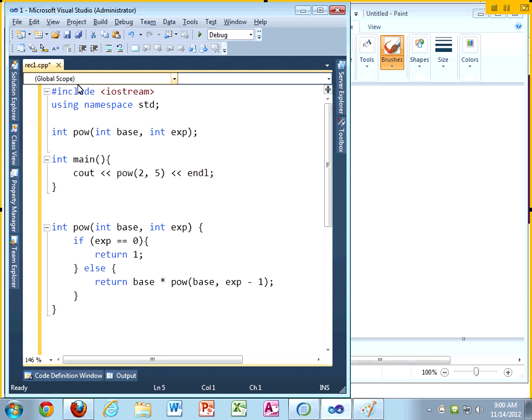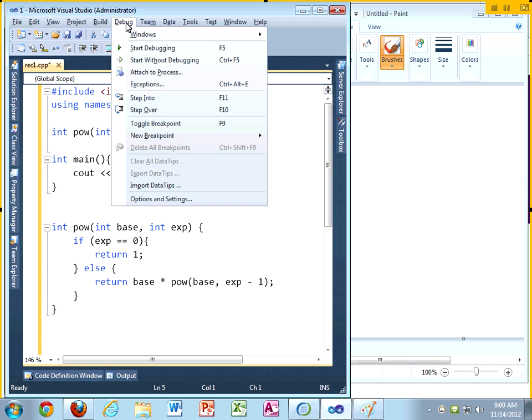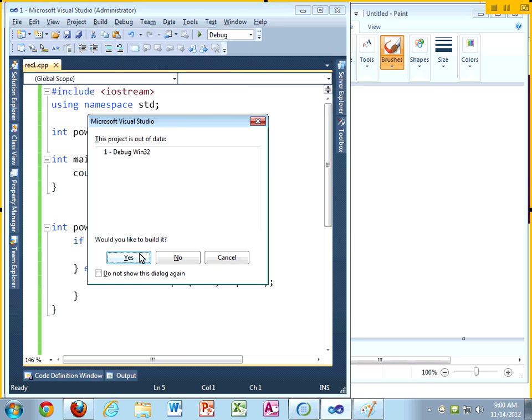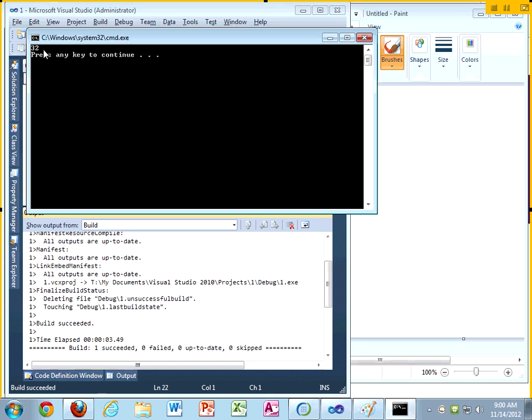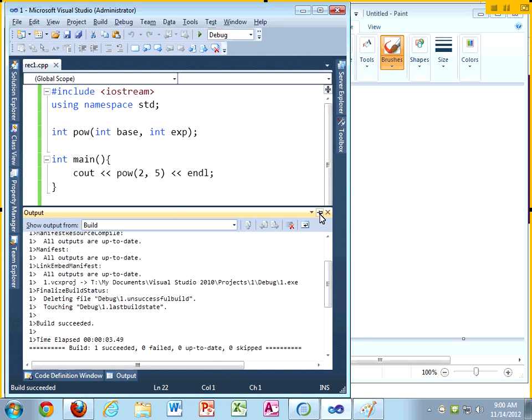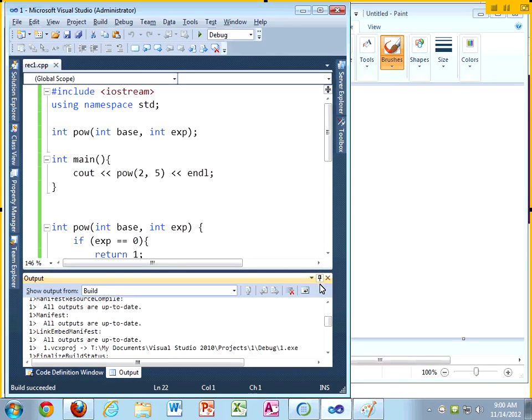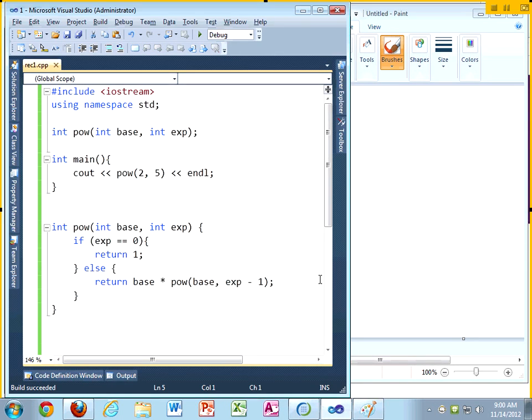Does that look okay? Okay. $32. Okay. Any questions or observations about any of that? Look easy, look hard?